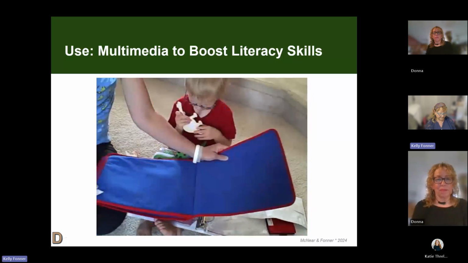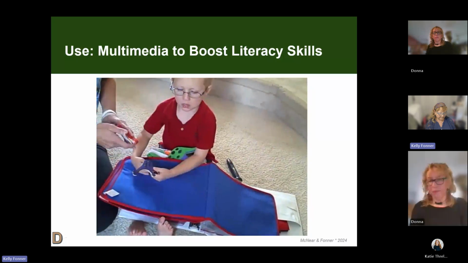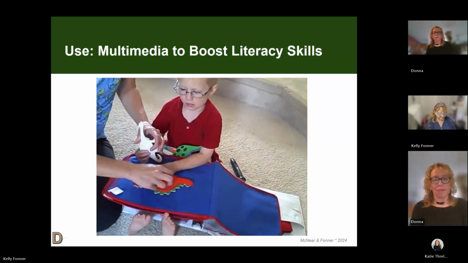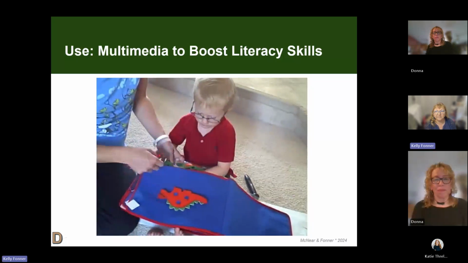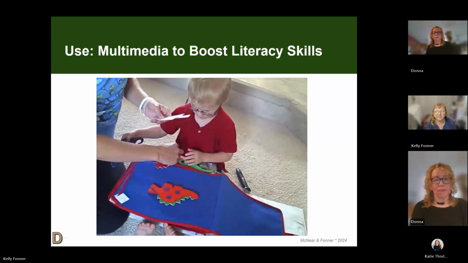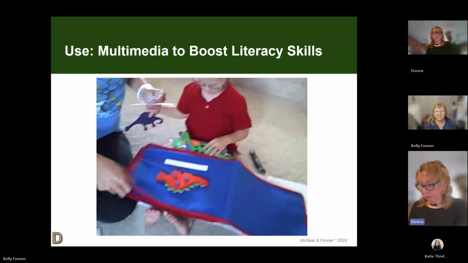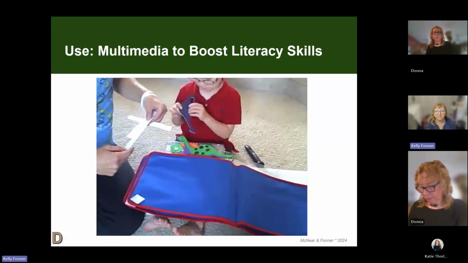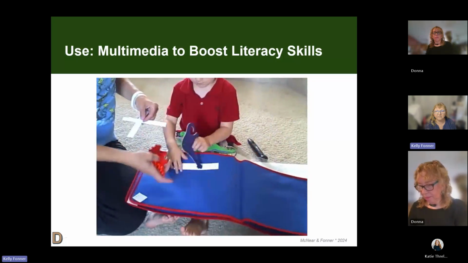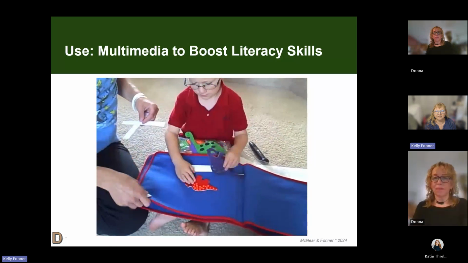This is the Stegosaurus. We need to find which one the Stegosaurus is. Here, put the Stegosaurus in here. Okay, let's turn the page. Actually, let's put the words in too. Mama will do that. Triceratops. Where's the Triceratops?